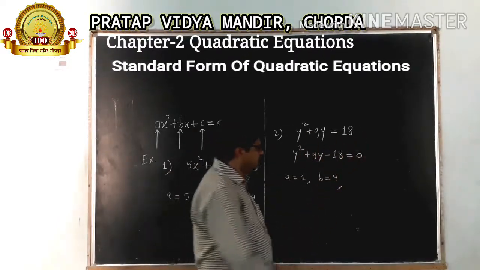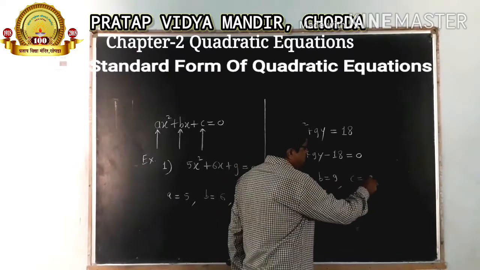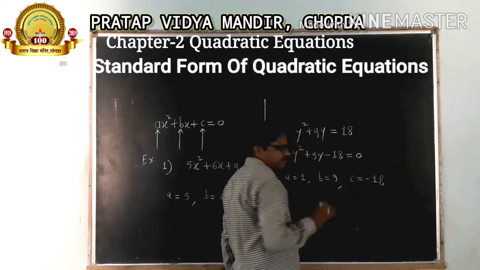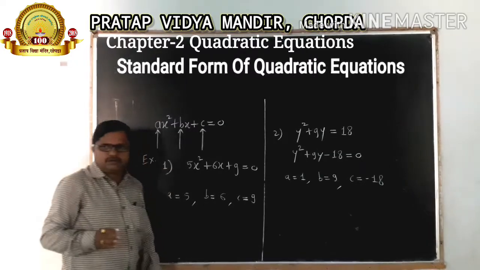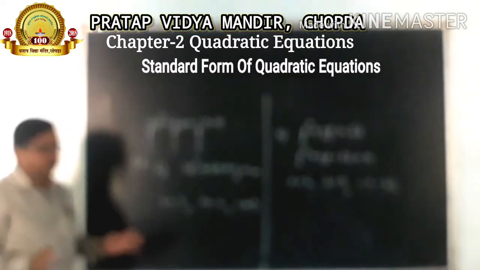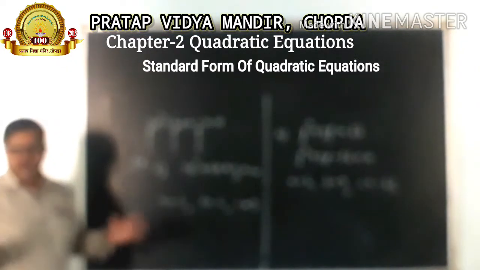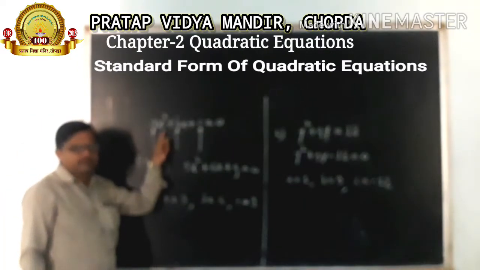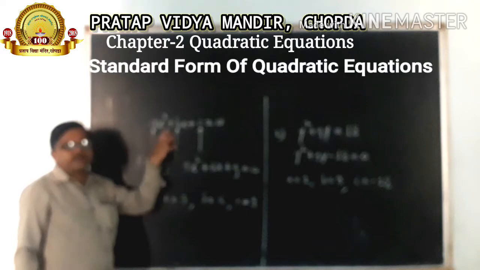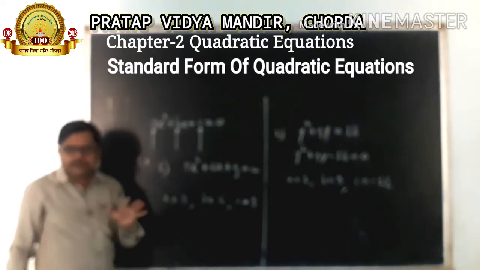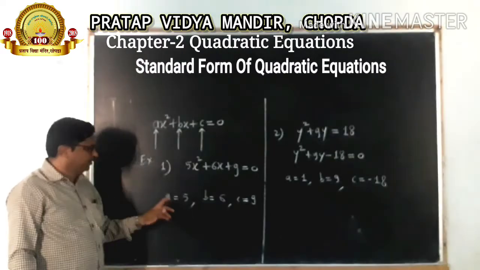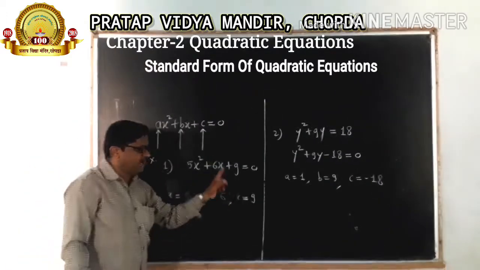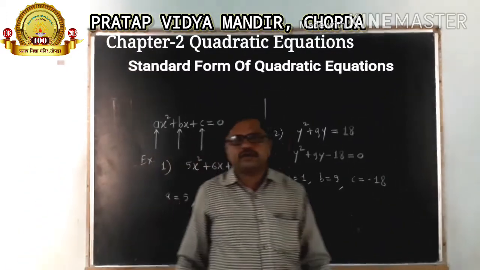In this equation, the value of c is equal to minus 18. Now students, we have studied what is the standard form of a quadratic equation, and by using the standard form, how we can calculate the values of a, b and c in the given quadratic equation.